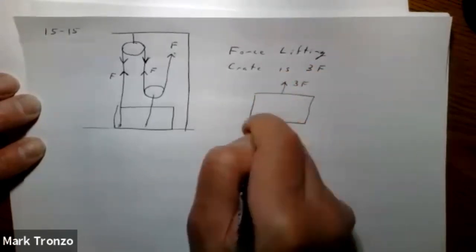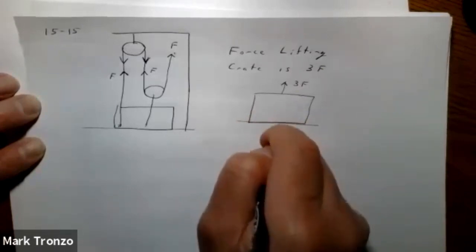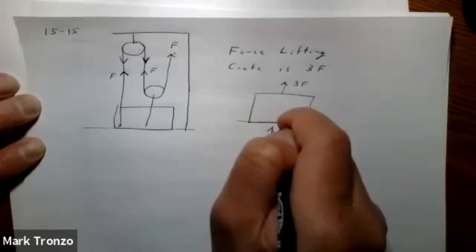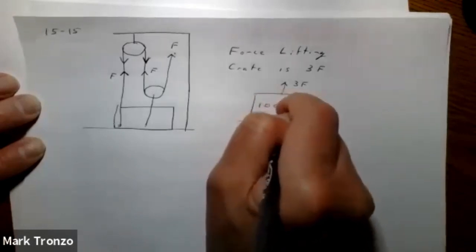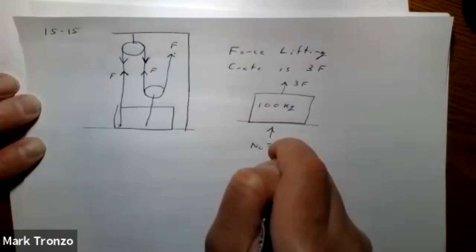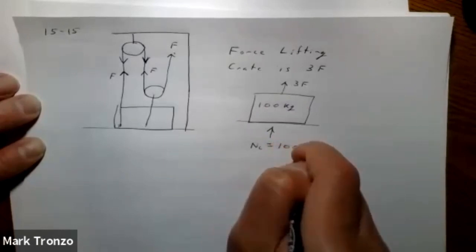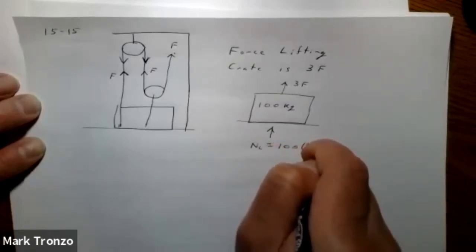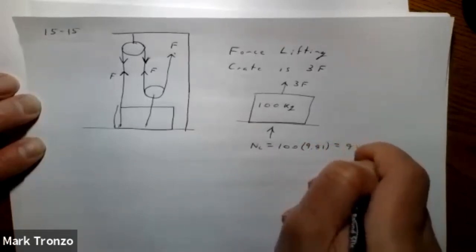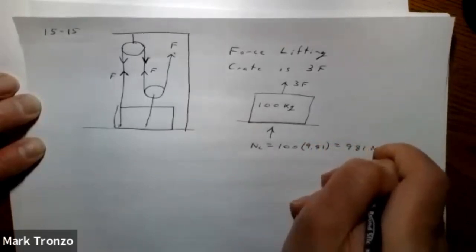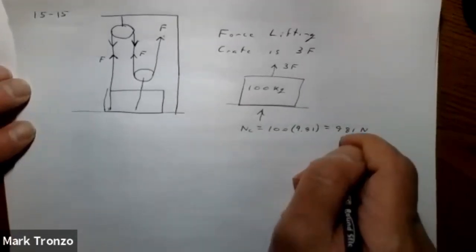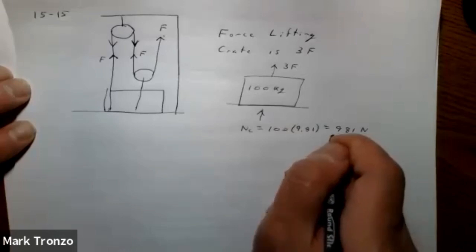Now before it starts moving, NC is going to be, this is 100 kilograms, so NC is going to be 100 times 9.81. So it's 981 newtons. So that's the number of newtons before any force is applied.